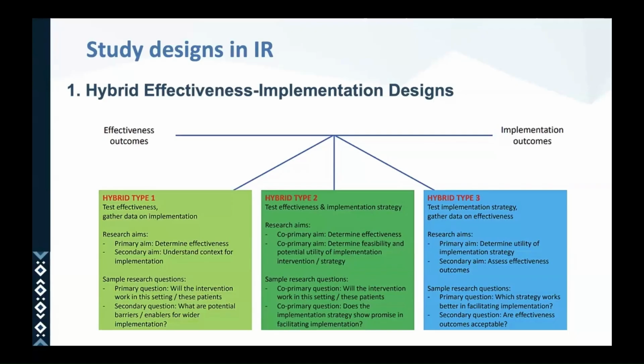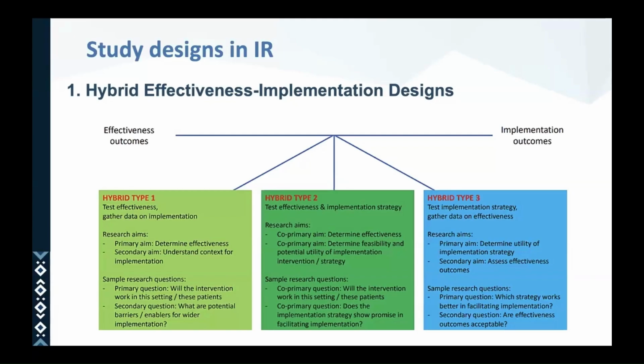And for its implementation: how is it adopted and sustained? From this, there are 3 types of hybrid designs, distinguished primarily by the focus and the balance between effectiveness and implementation.